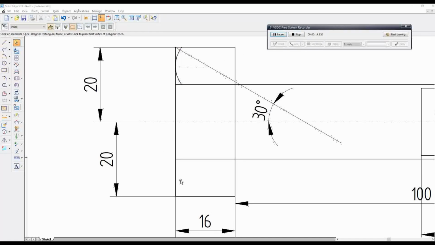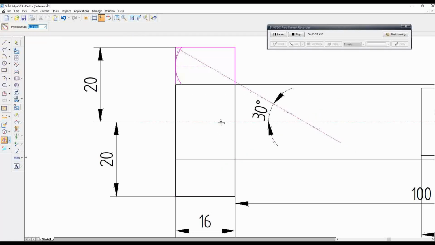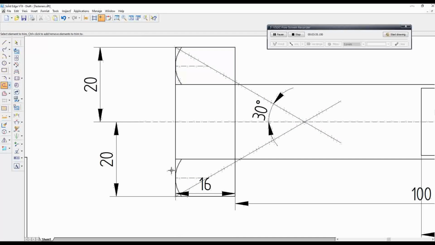Similarly, this side. So I'm going to just mirror this portion. Got it. Trim the extra portion. I don't want this. I don't want this. I don't want this. So auto center portion.